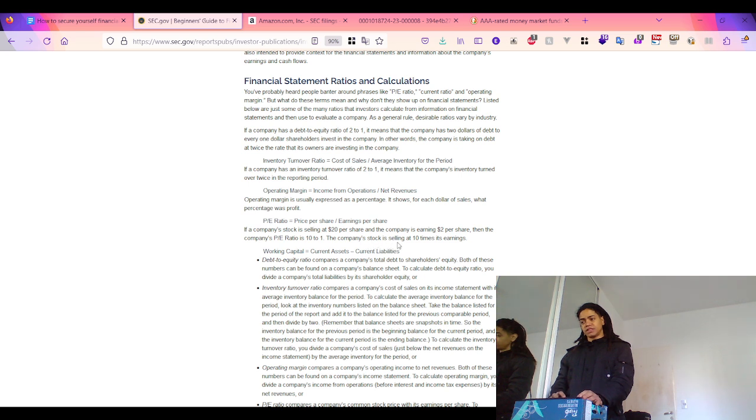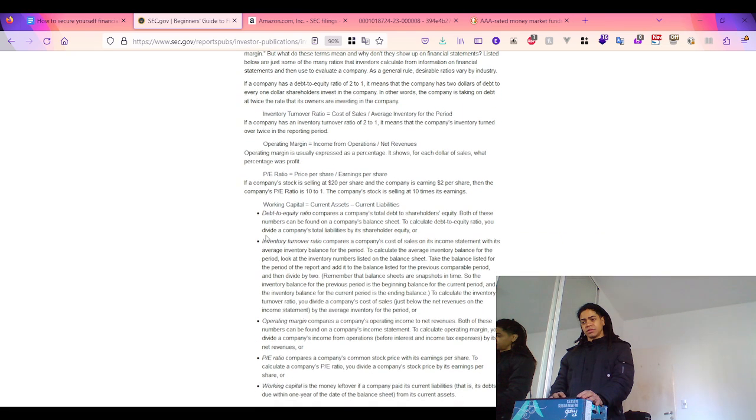The company stock is selling at 10 times its earnings. Working capital is current assets minus current liabilities.